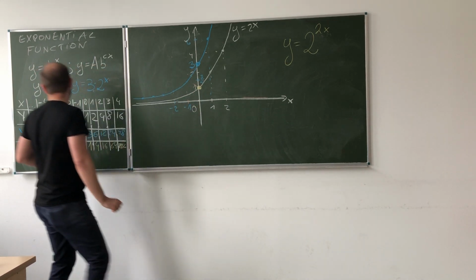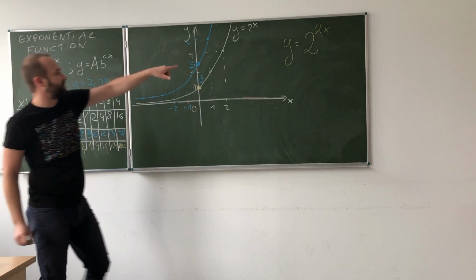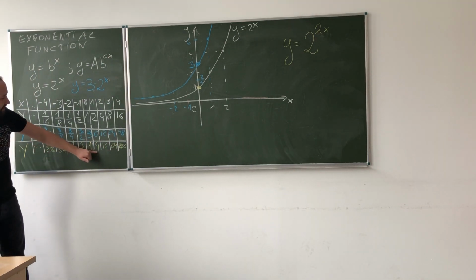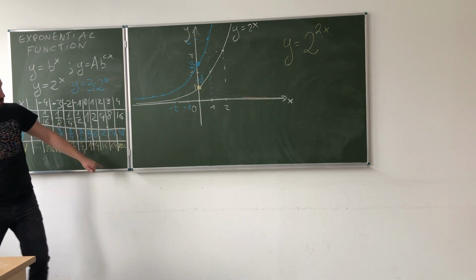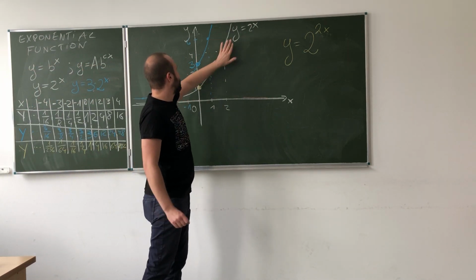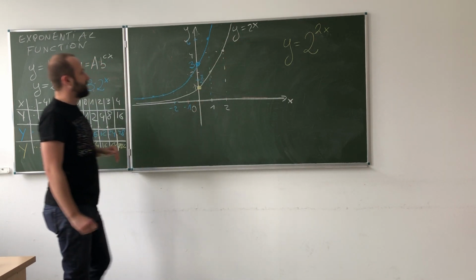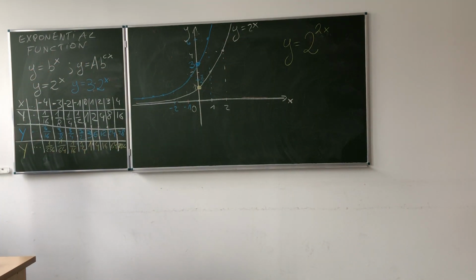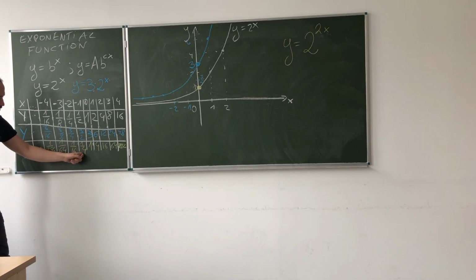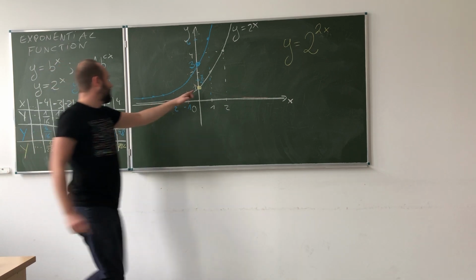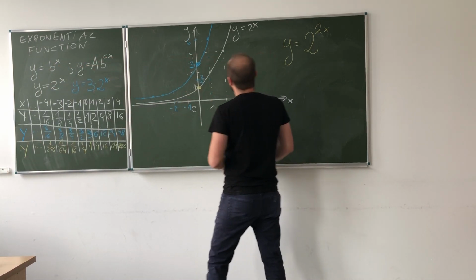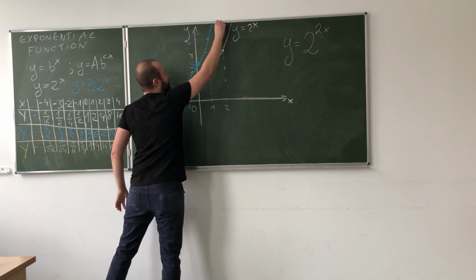This is the common point for this and this function, but here the values are increasing way faster than in the case of our base example. And over here, when we move in that direction, the values are falling faster.